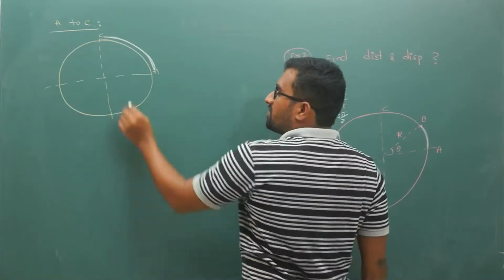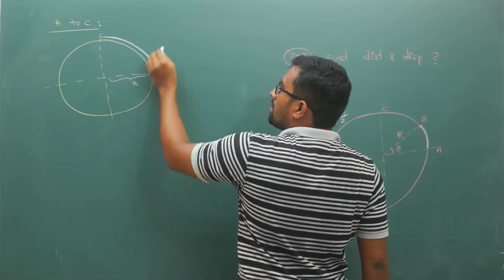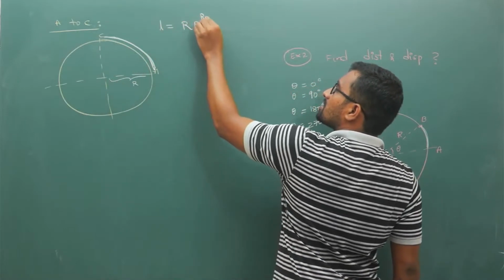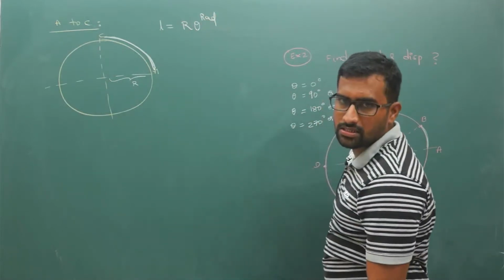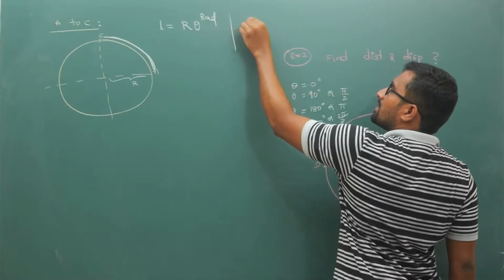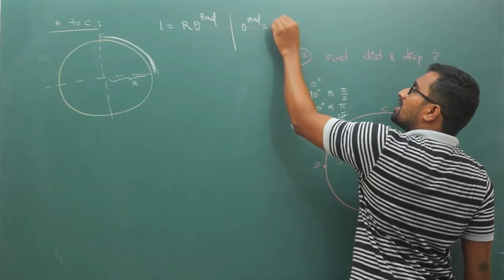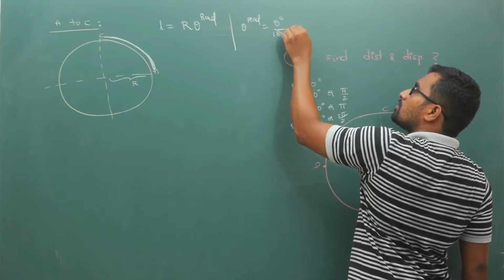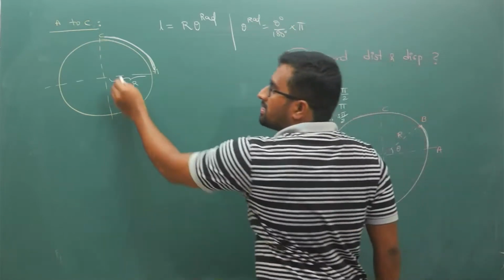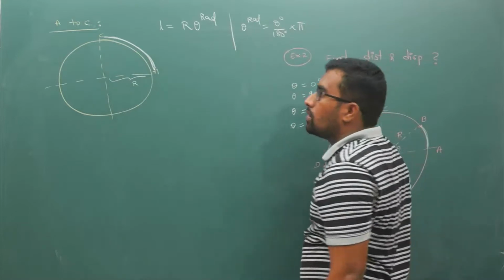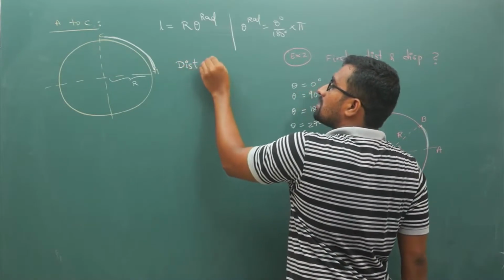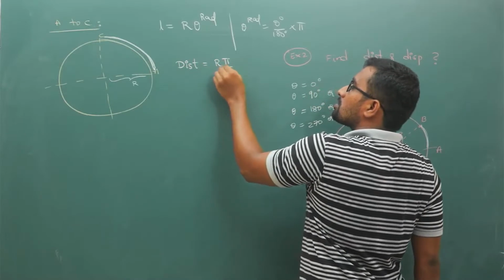If this radius is R, in maths you must have learnt the length of arc L is R times theta in radians, where theta in radians is theta in degrees by 180 degrees into pi radians. According to that logic, 90 degrees is equivalent to pi by 2. So from A to C, your distance is R times pi by 2.